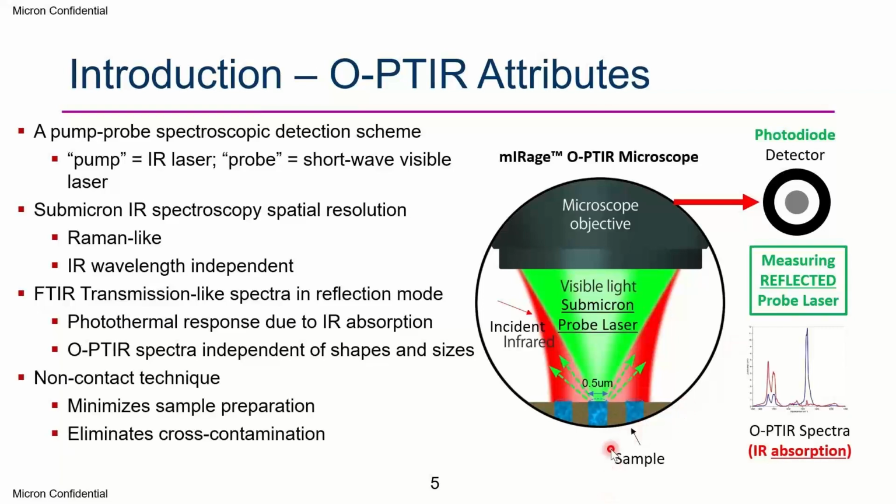The fourth interesting point for OPTR is that it is a non-contact technique. As everybody knows, FTIR has ATR, attenuated total reflection analysis, which always needs the sample to be in contact with the crystal in order to generate the spectroscopy.